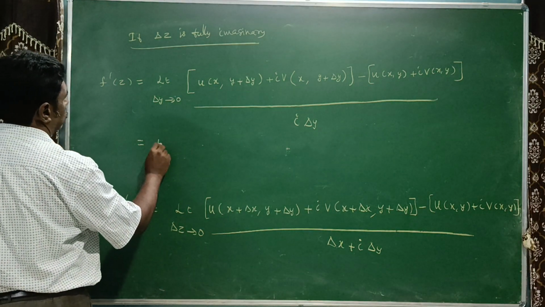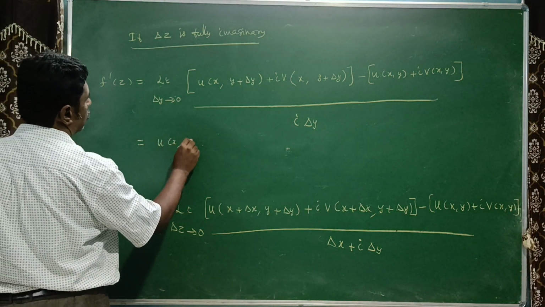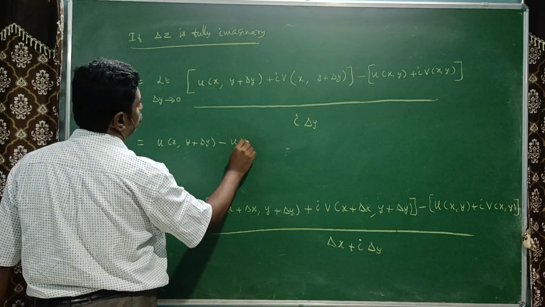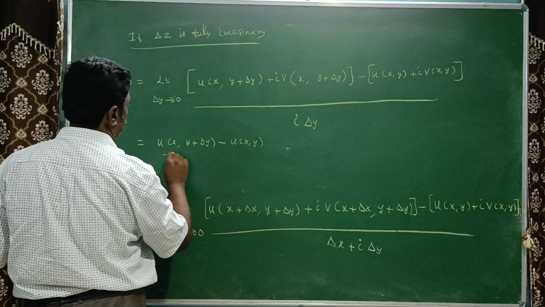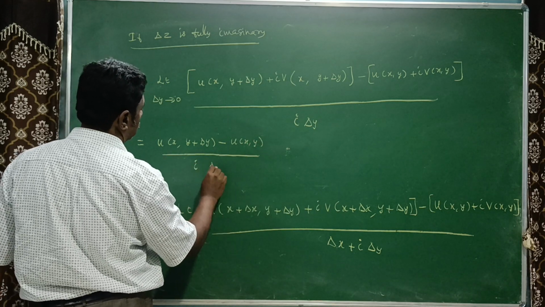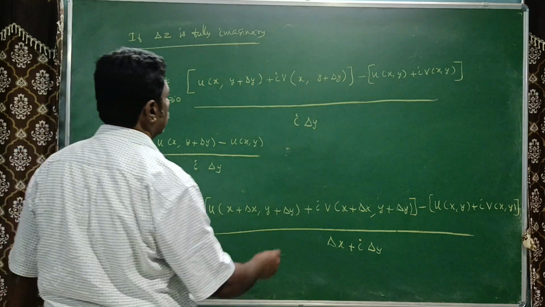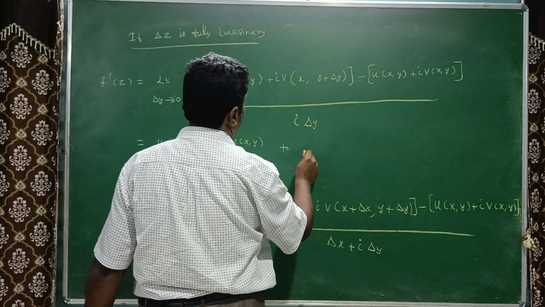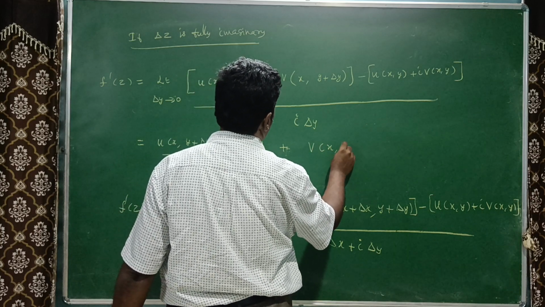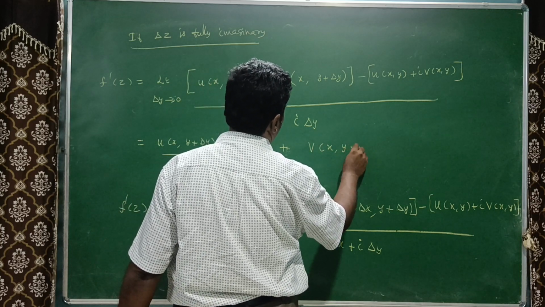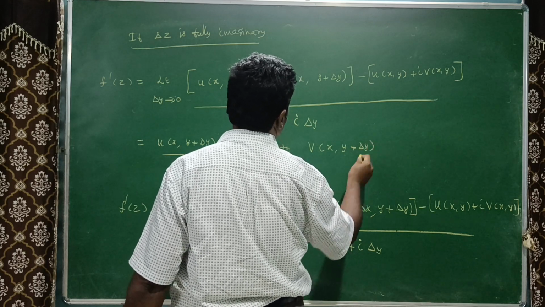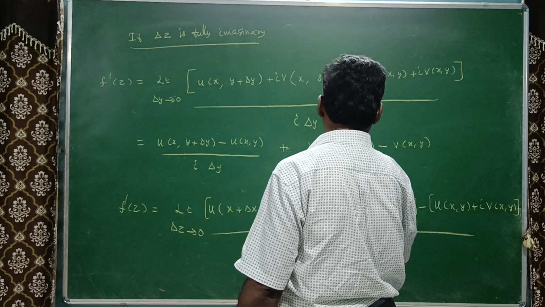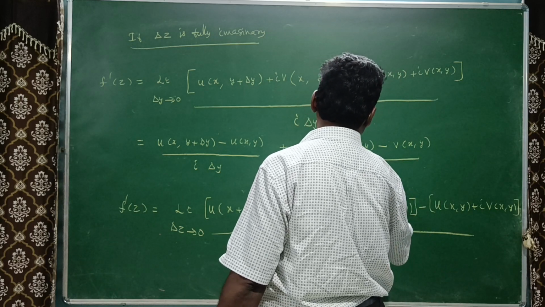This is equal to u of x comma y plus delta y minus u of x comma y whole divided by i into delta y plus v of x comma y plus delta y minus v of x comma y whole divided by delta y.